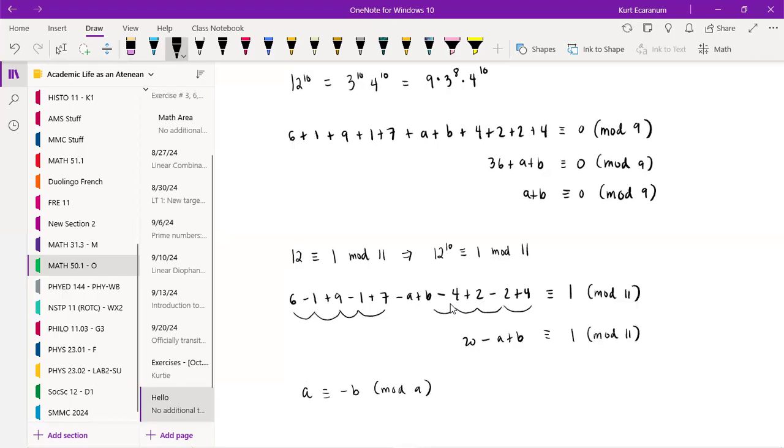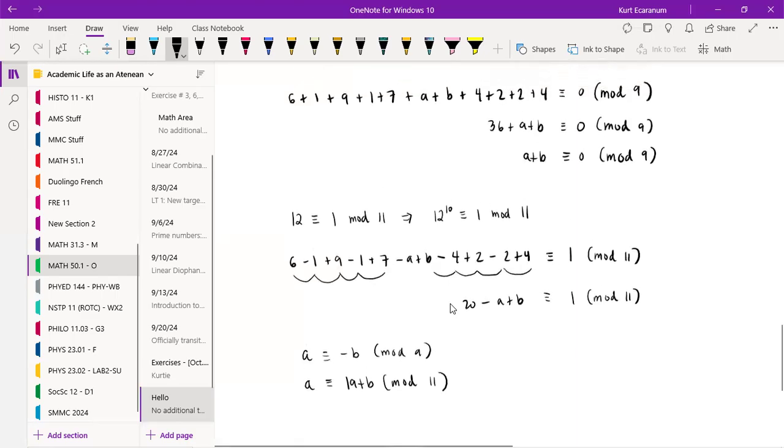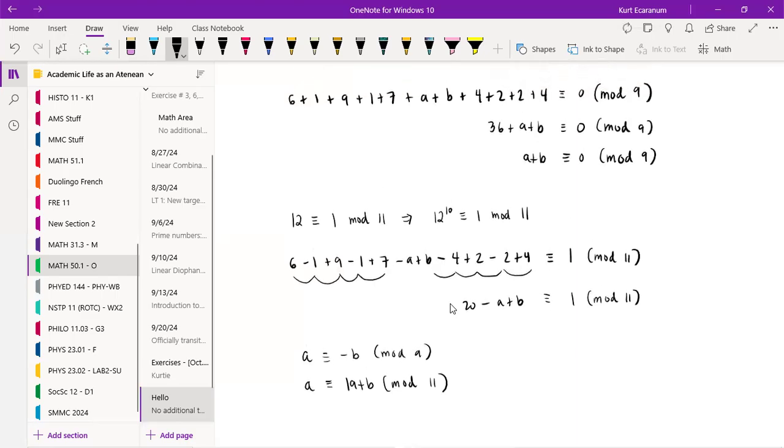And then, ano ba tawag dito? A minus, so A is also congruent to 19 plus B modulo 11. Ayan. So para bang tinranspose ko lang or nilipat ko lang sa kabila, then na-flip ko lang ulit.